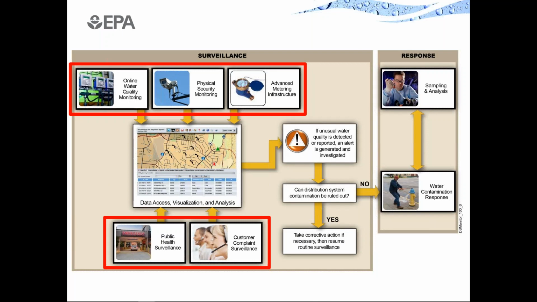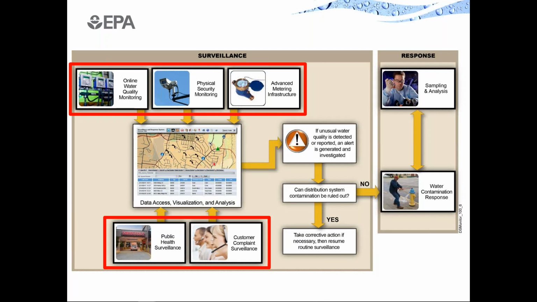Furthermore, a system like this with multiple surveillance components can provide more timely detection because depending on how a contamination or a water quality problem unfolds, one or the other surveillance component is more likely to provide an indication earlier. You can also achieve broader spatial coverage.